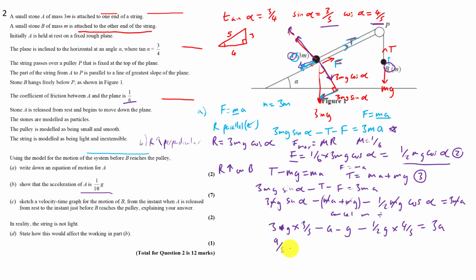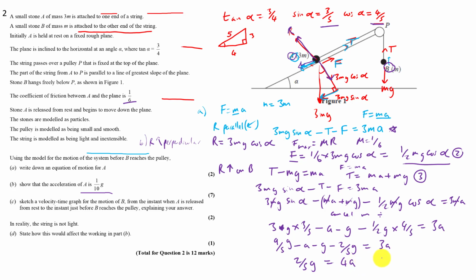Now we're going to combine all the terms. So let's get 9 over 5g minus a minus g minus 2 over 5g, just simplify this term here, equals 3a. And once you rearrange a's on one side and the g's on one side, you're going to get 2 over 5g equals 4a.